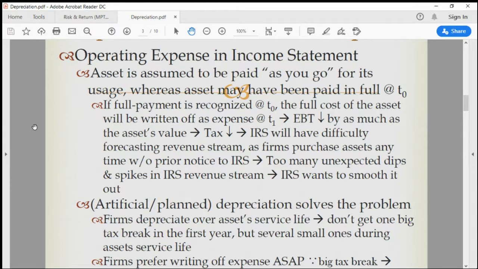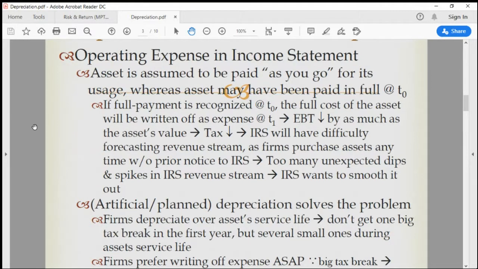So in other words, this causes a huge hurdle to the IRS's forecast of future tax revenue.